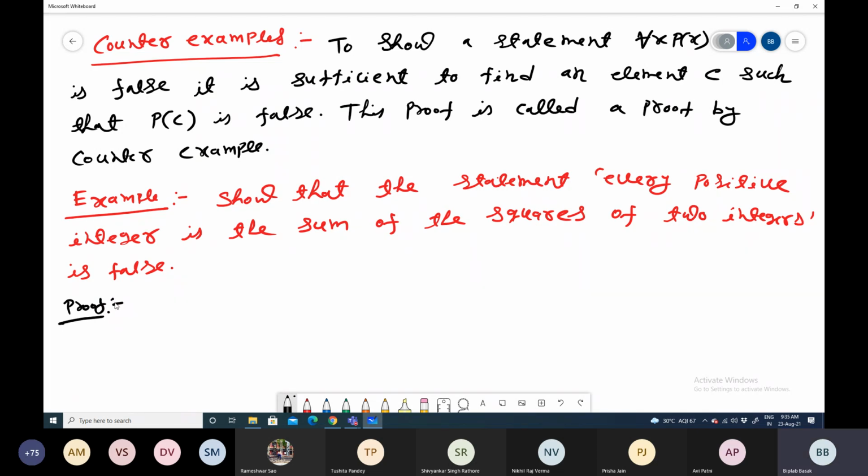We can prove this via counter examples. That means we can give one positive integer, 3, which cannot be written as the sum of squares of two integers. So we take the positive integer 3.